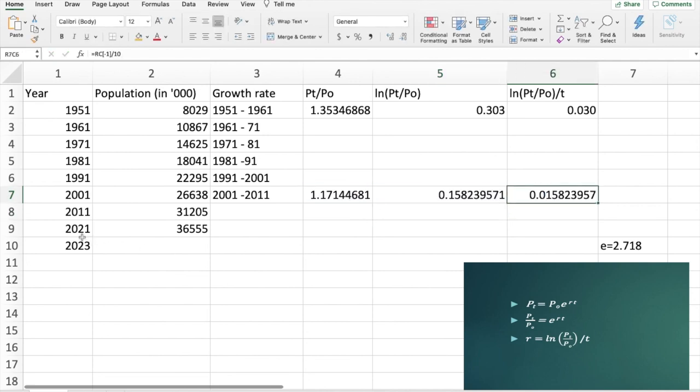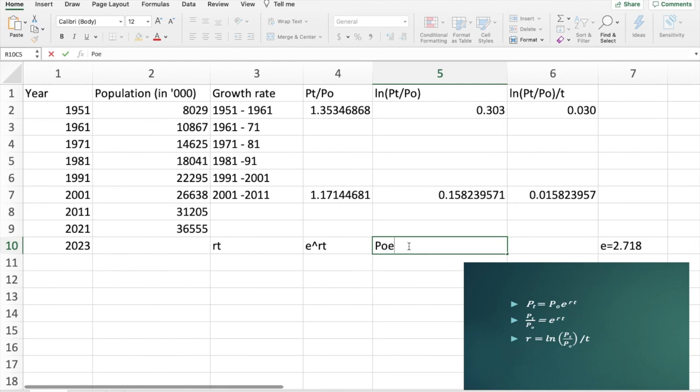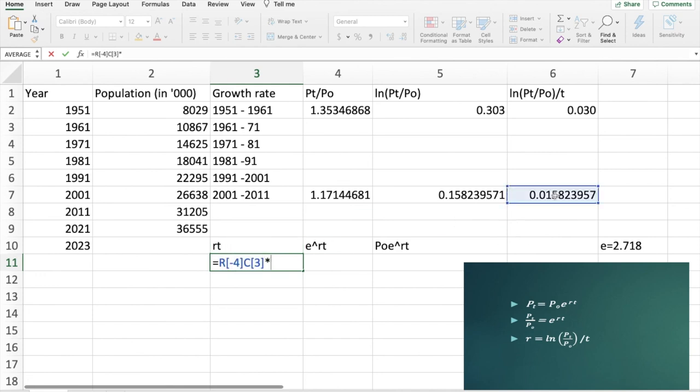Now how will we project the population for 2021? You have to use this formula again. What is the value of r here? This one. Then the final formula is P naught e to the power rt, where r is this value, into the time interval, which is 10.